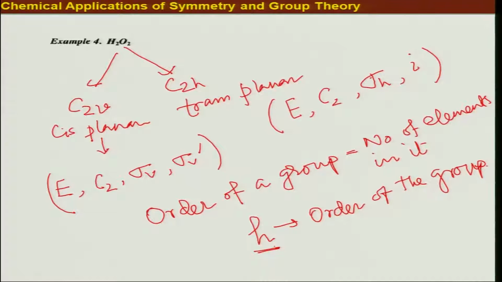Now, one more thing: have you noticed something about these particular groups? Some kind of relations exist among the symmetry operations. You should think a little bit about it. Later on maybe we will come back to this topic again.